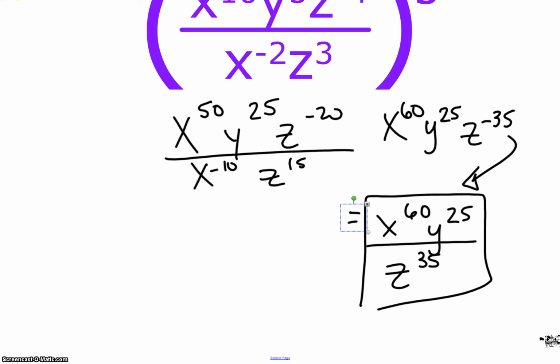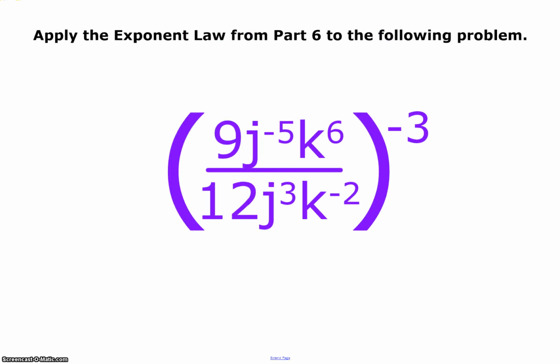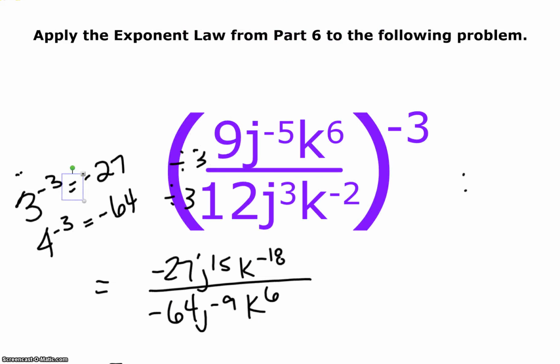Last example. Apply the exponent rule and get your answer. I'm going to pause right now so I'll have time to show it to you. Okay, so what I did on this example is you need to simplify this fraction before doing anything. You can divide by 3 on both. So 3 raised to the negative 3rd power is negative 27, and 4 raised to the negative 3rd power is negative 64.